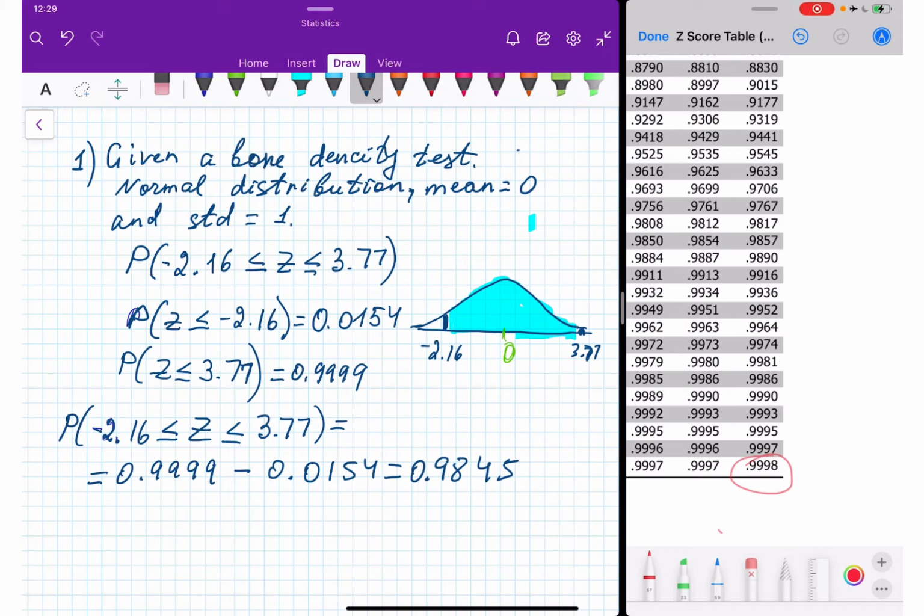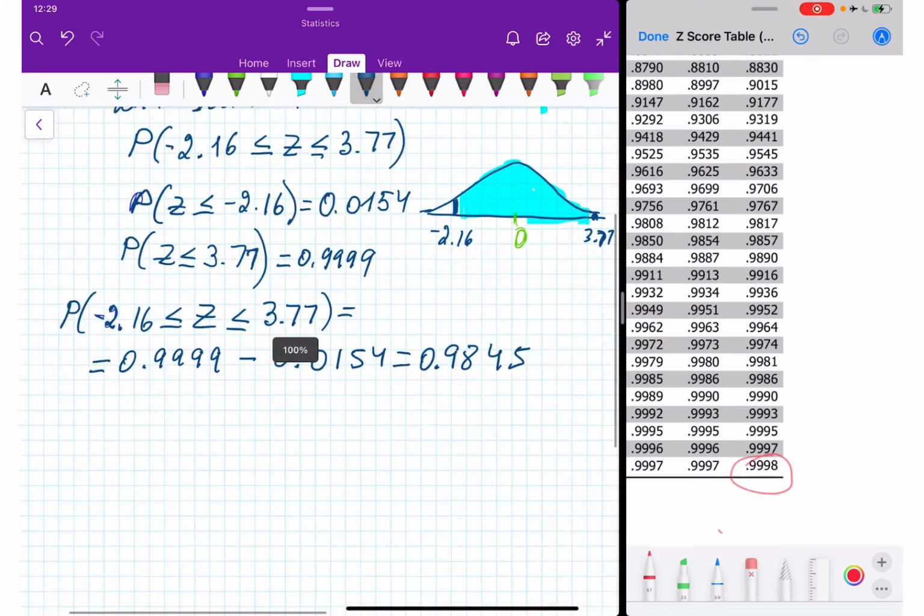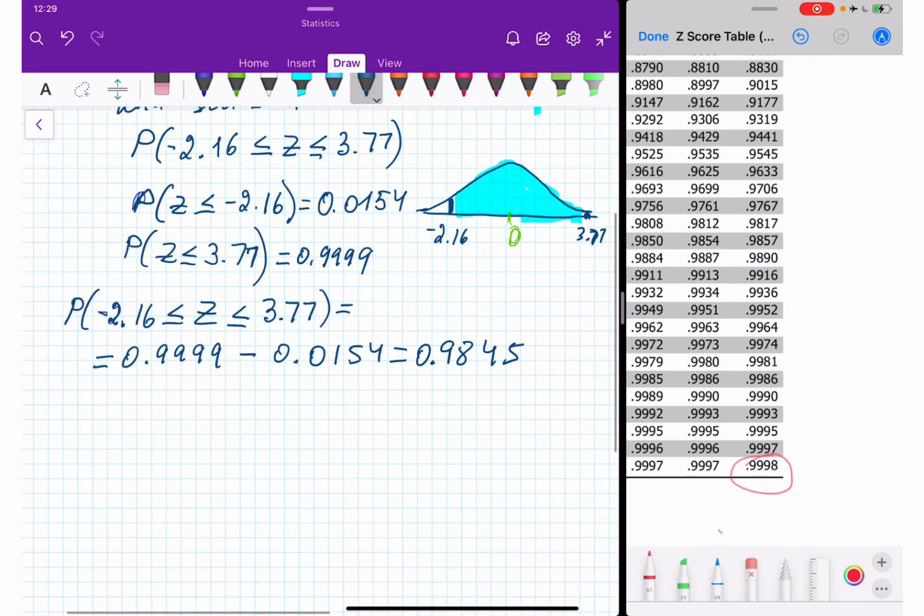Question number 2. Assume that random variable x is normally distributed with mu equal to 84 and standard deviation equal to 4.